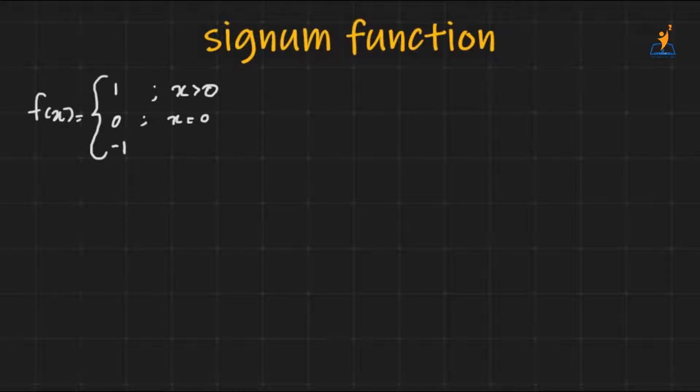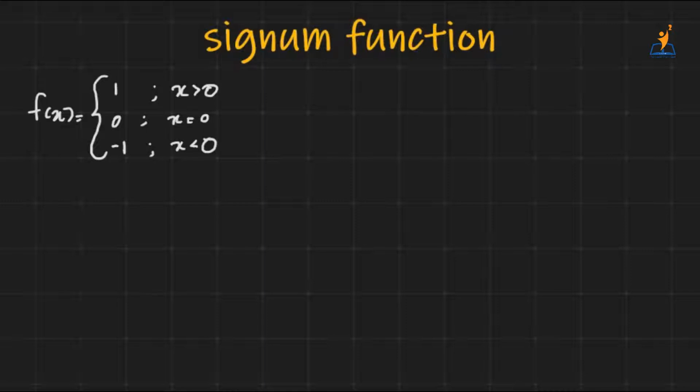That is, 0 is the only input value which gives the output value 0, and the output value is equal to -1 for all negative real numbers. That is, for all negative input values the output value will be -1. So this is the basic definition of the signum function.